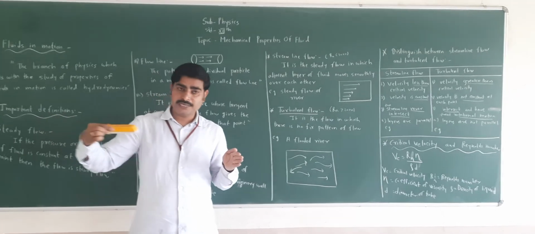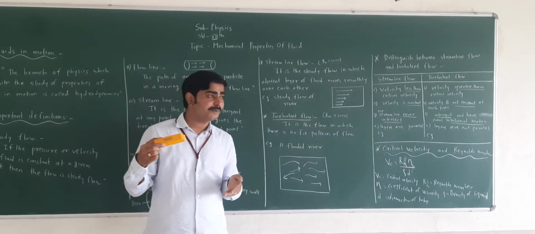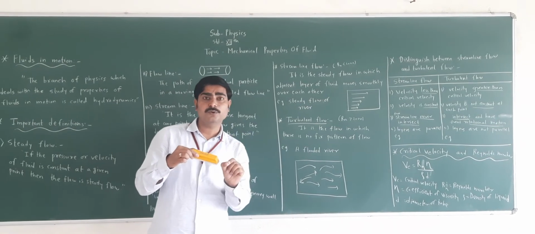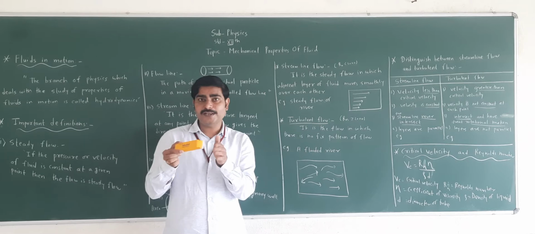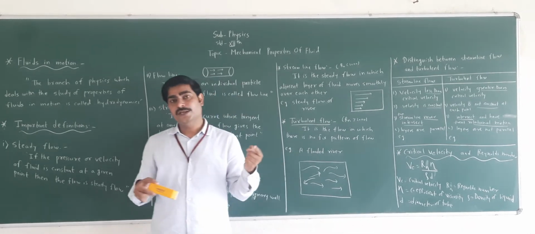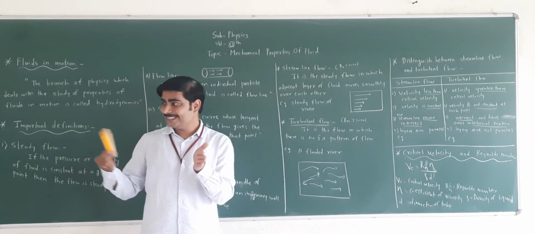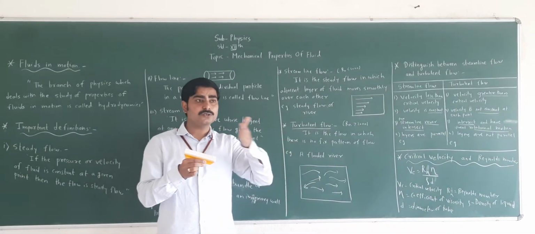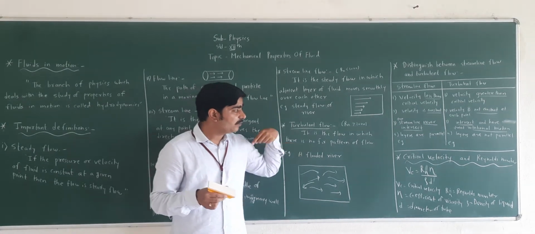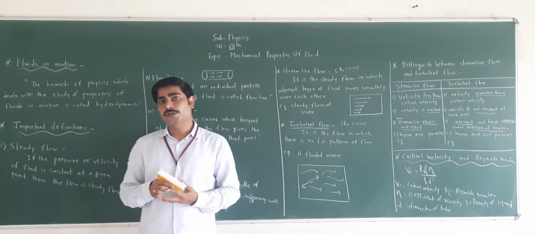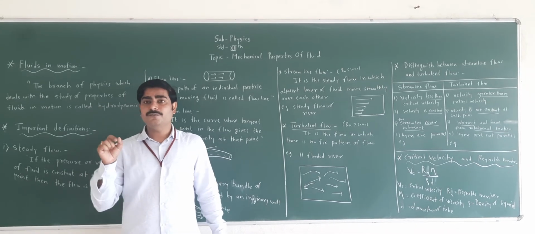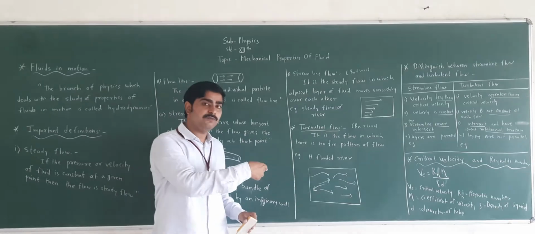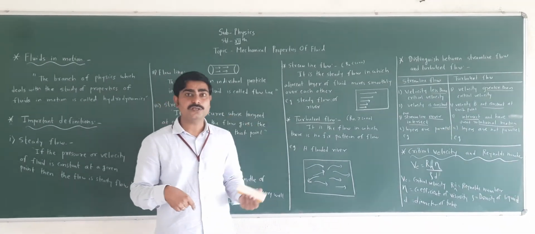So the liquid is moving up to 9 meter per second, and when it reaches 10 meter per second, and after 10, when it goes to 10.1, then the streamline flow will get converted into turbulent flow. So what is the critical velocity? It lies between the streamline and turbulent flow, and if the velocity crosses the critical velocity, then it will get converted into turbulent flow. The critical velocity is a specific velocity above which the streamline flow gets converted into the turbulent flow.